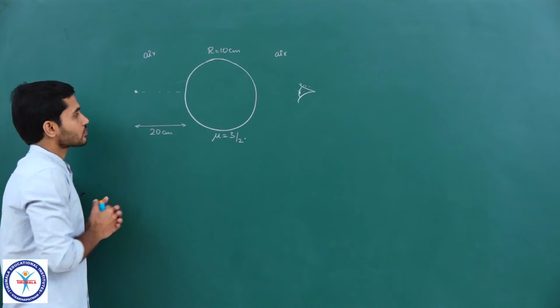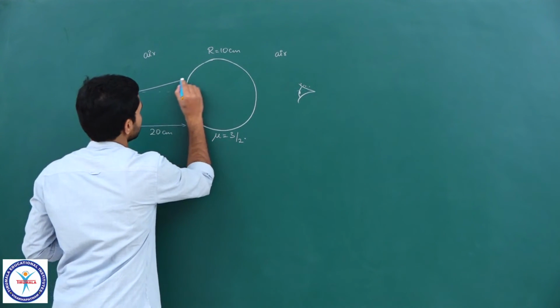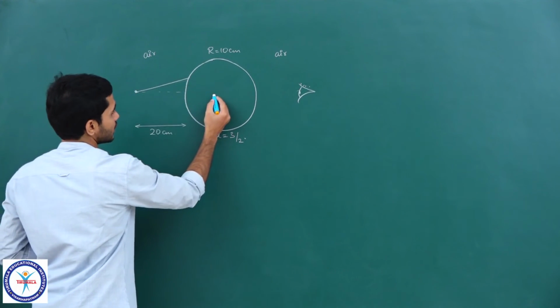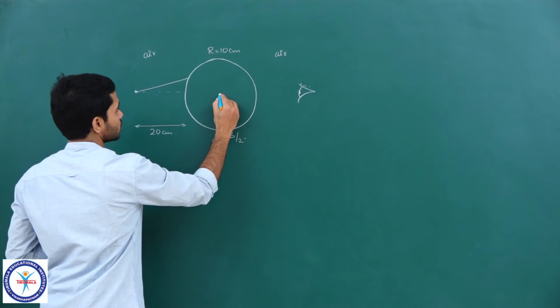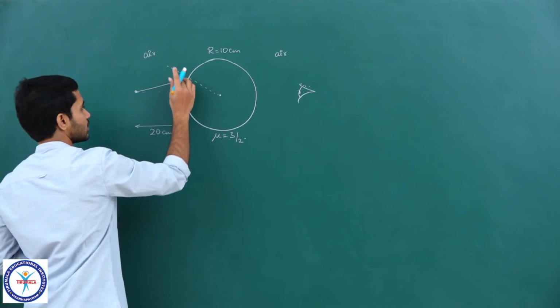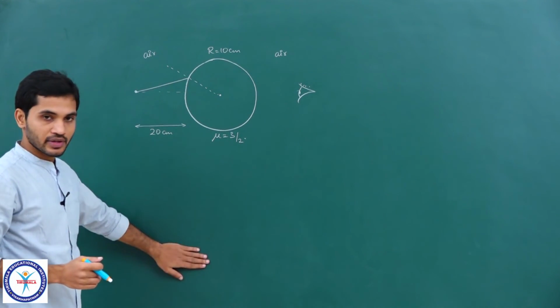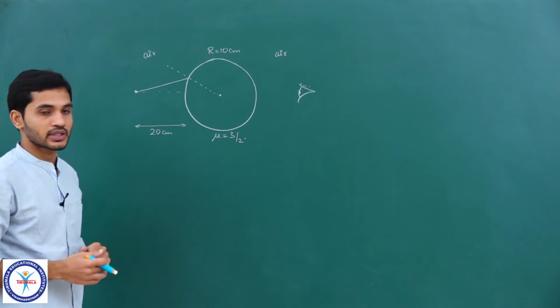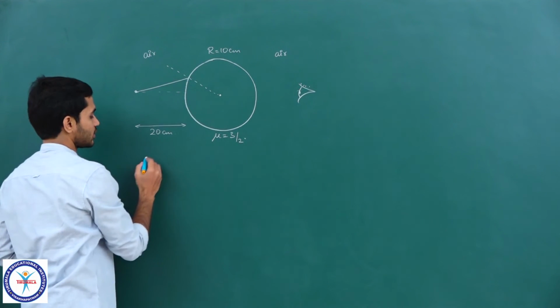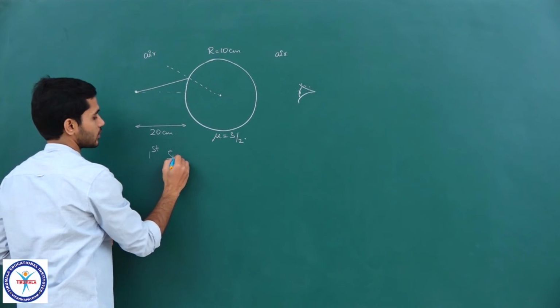So, if I take the incident ray like this, you know that the center is here, which means the normal is like this. As I told you, let us not draw the ray diagram immediately, let us derive the values and then based on that we will draw the ray diagram. So, first surface, here I will write for the first surface.